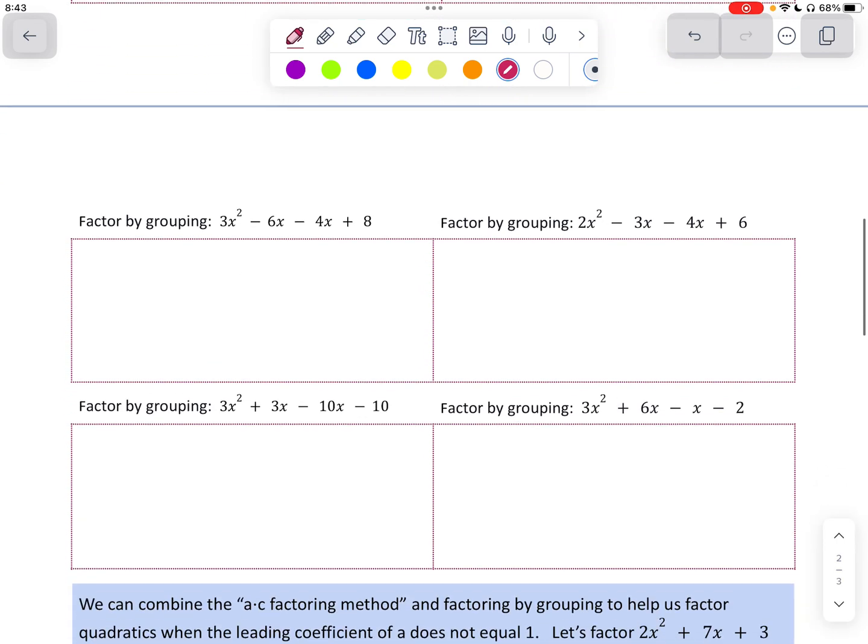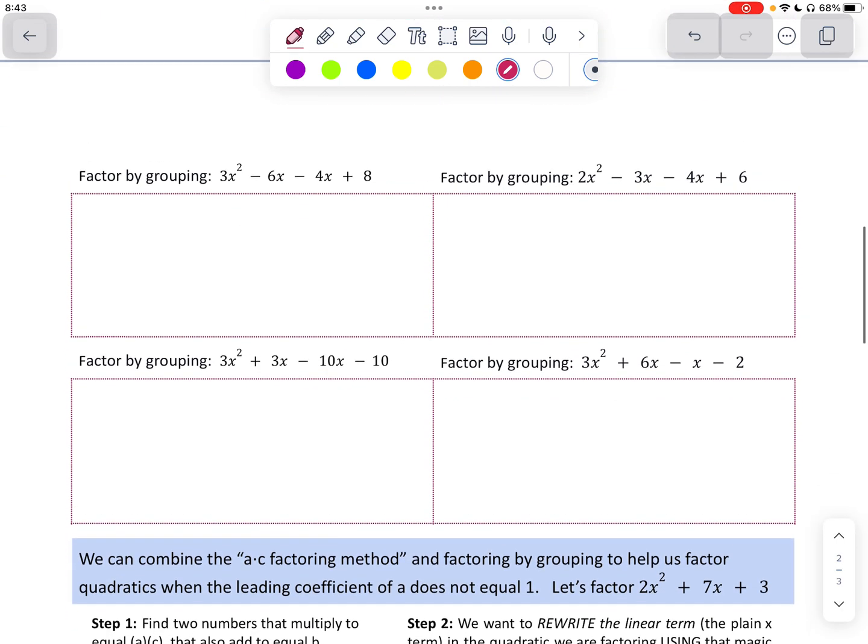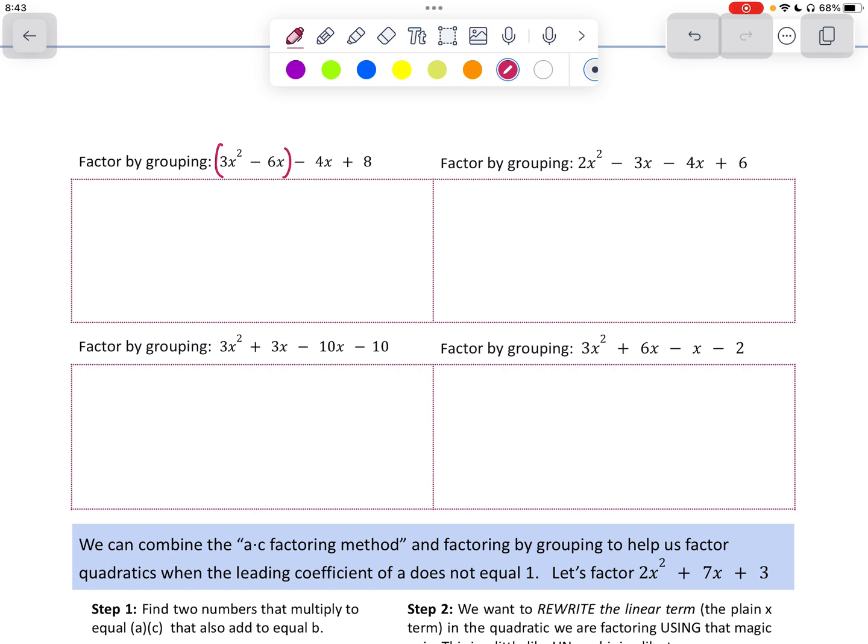And that's factoring by grouping. Got 4 more to try, so I'm just going to go through these pretty quickly.